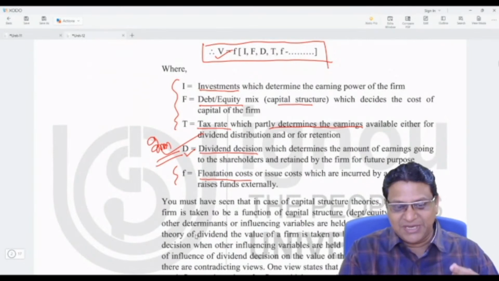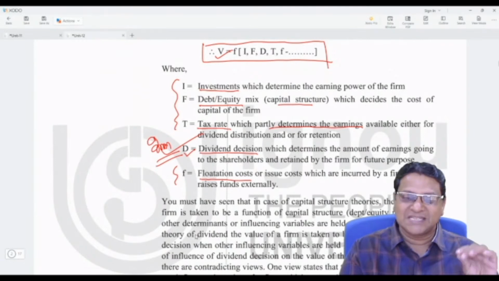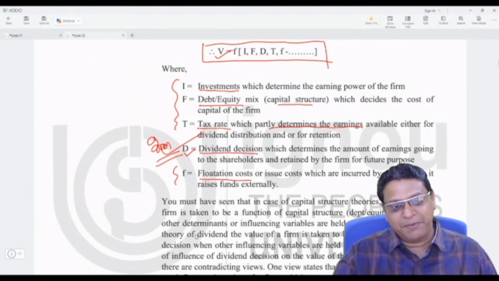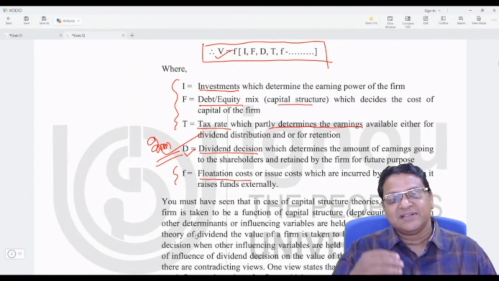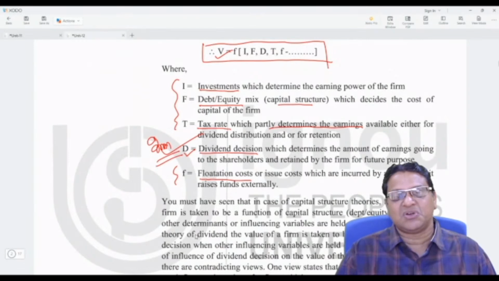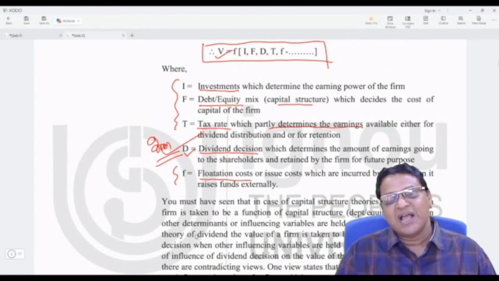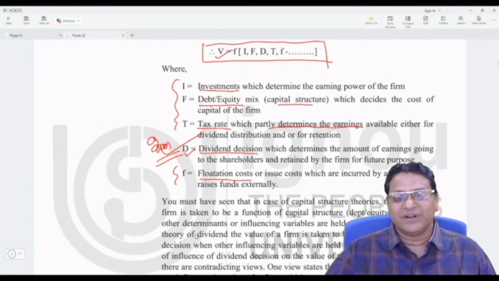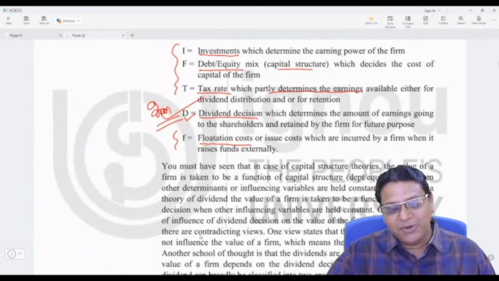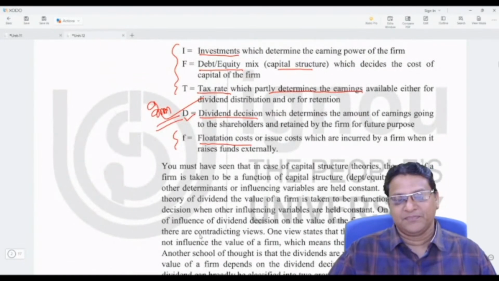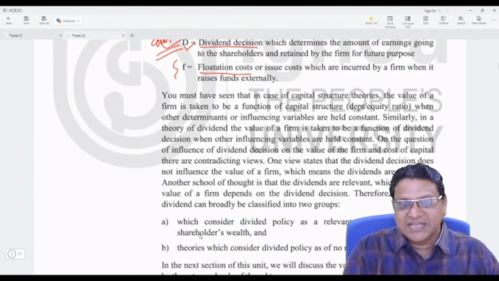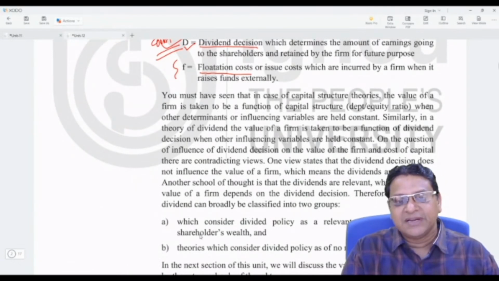In dividend theory, we explain the relationship between dividend decision and value of the firm, keeping other factors, that is investment, capital structure, tax rate, flotation cost, and any other factors constant, and we find out the relationship between dividend policy and value of the firm.